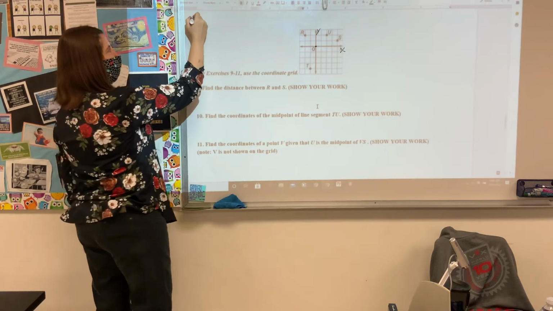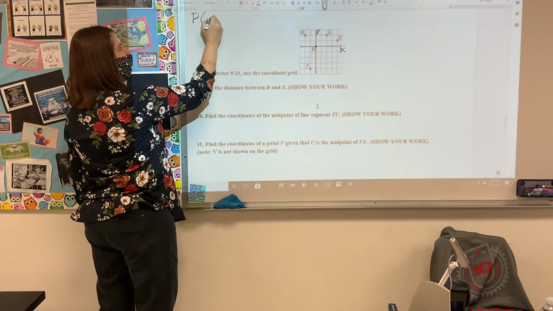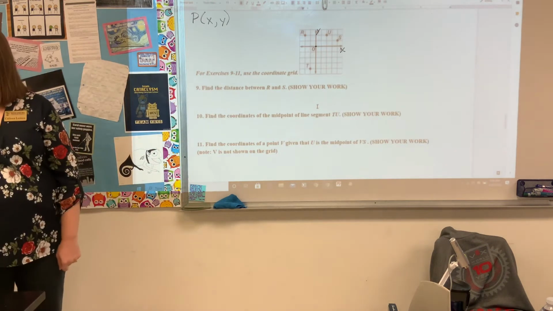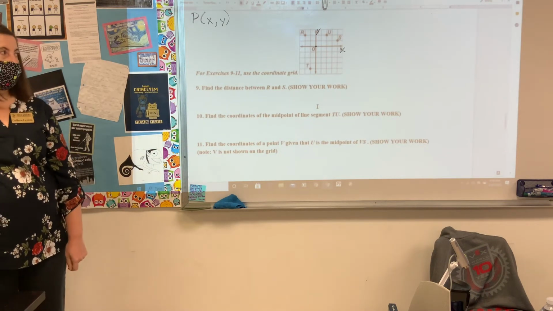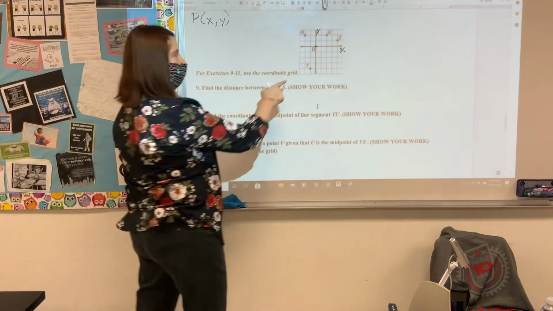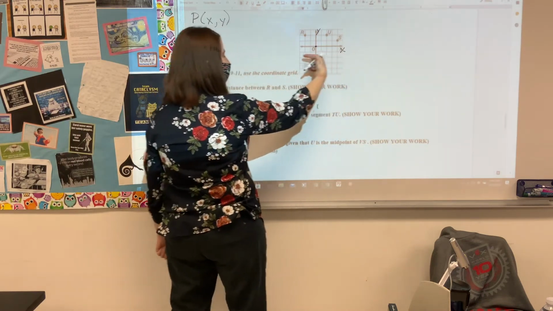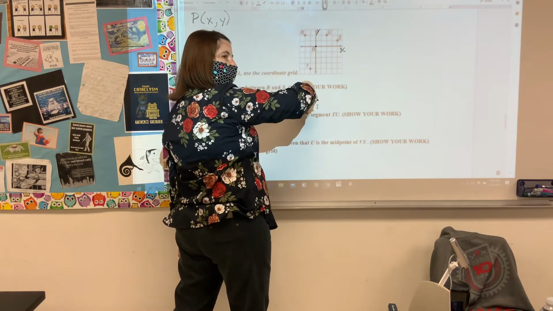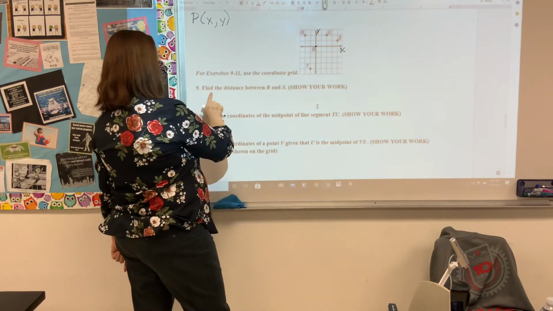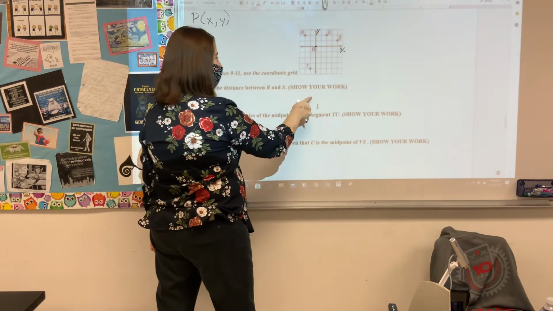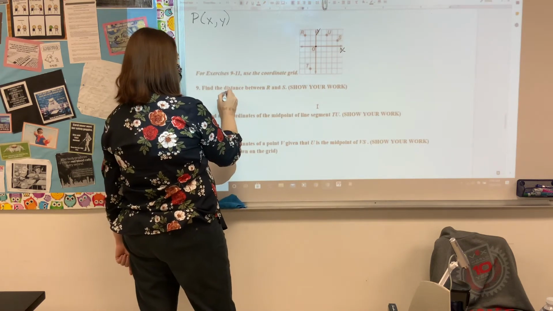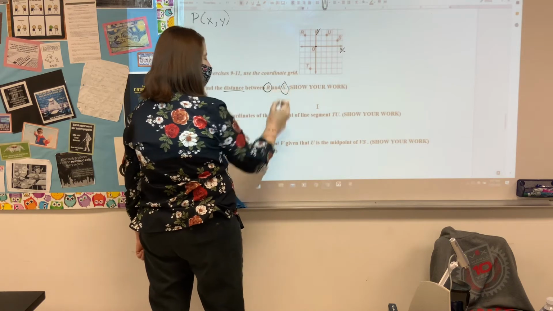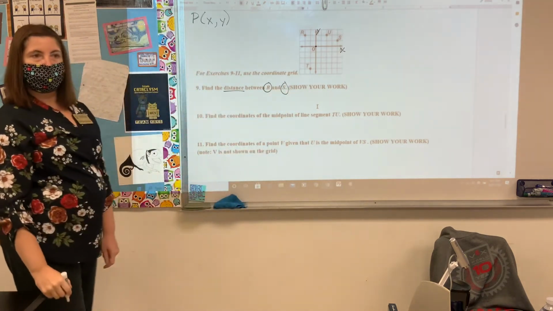Whenever we talk about points, x comes before y. Sound familiar? So all I need to do is count positive, count negative, count positive, count negative. Find the distance between R and S. I needed to find a distance, and I need to locate these points. True?